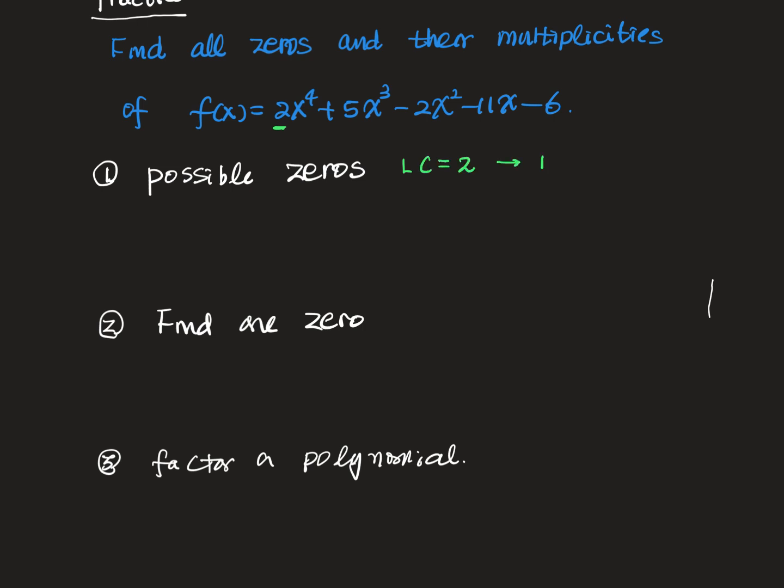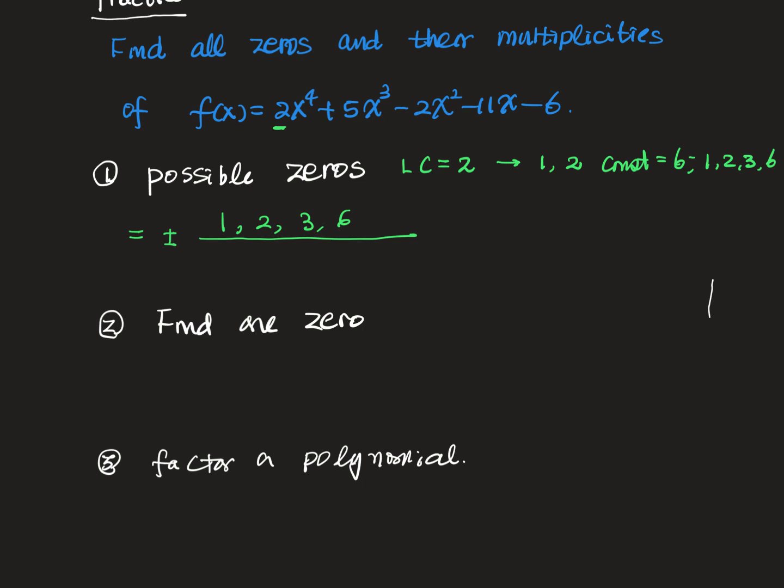Find the factors: 1 and 2. The constant term is 6, and don't worry about the sign, guys. The factors are 1, 2, 3, 6. For all the possible zeros, you put positive negative in front and write it this way: factors of 6 in the top, 1, 2, 3, 6.